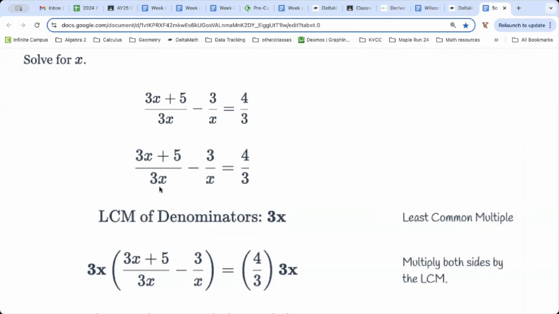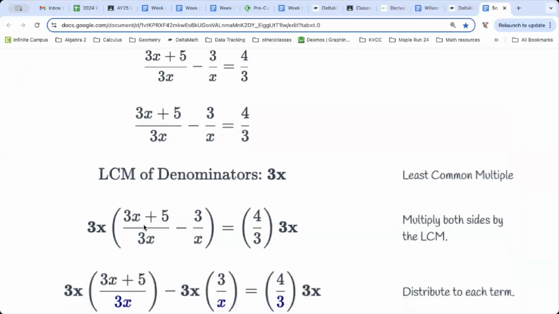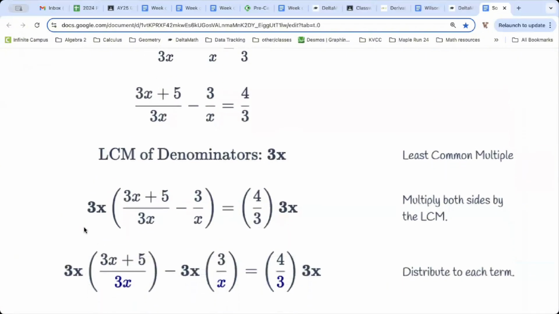If they equal the third one, then you have found your least common multiplier. So once you determine the least common multiplier, you can quickly multiply the LCM to both sides.